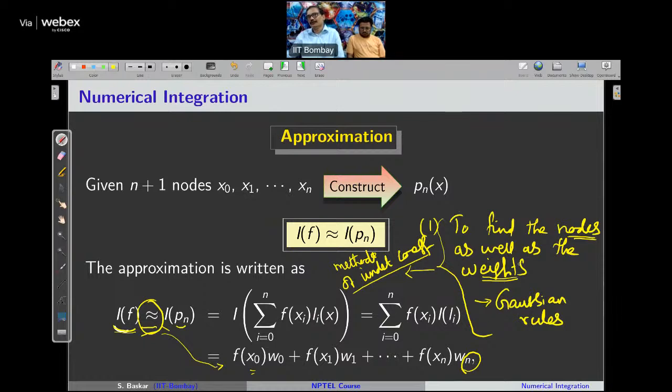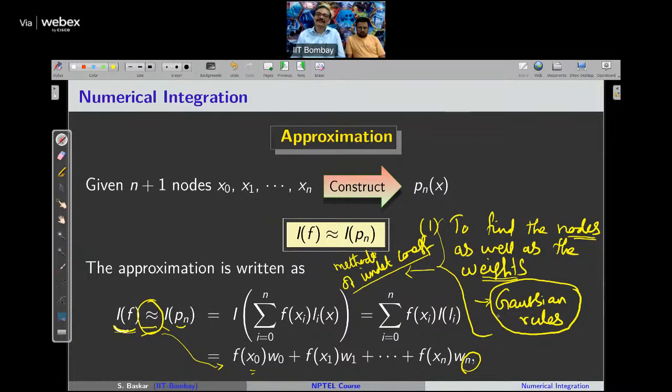Totally you have 2n plus 2 unknowns, so you impose the condition that the quadrature formula is exact for polynomials of degree 2n plus 1. That gives you more accurate quadrature formulas called the Gaussian rules.